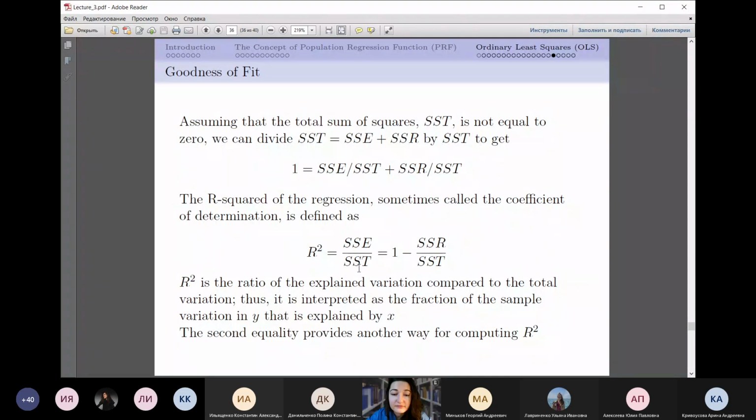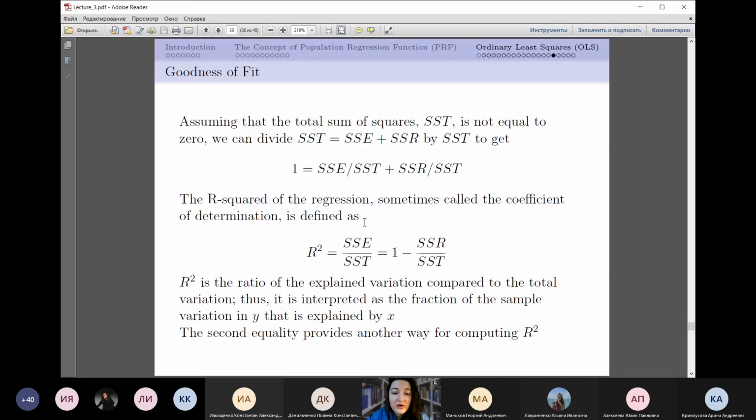And R squared is the ratio of the explained variation compared to the total variation. This is the fraction of sample variation in y that we can explain by our x variables.